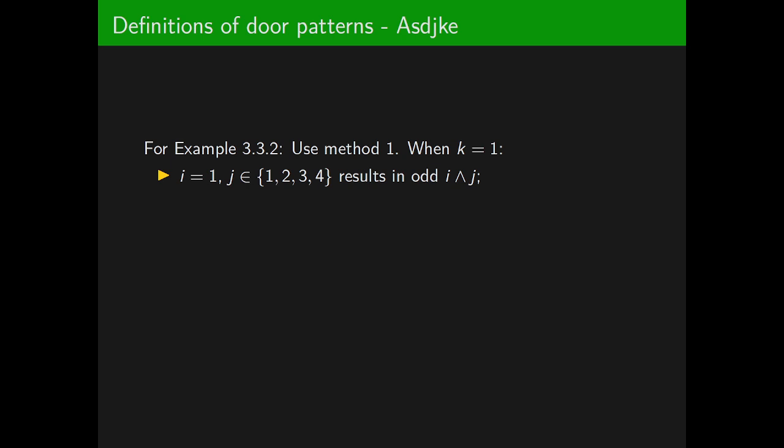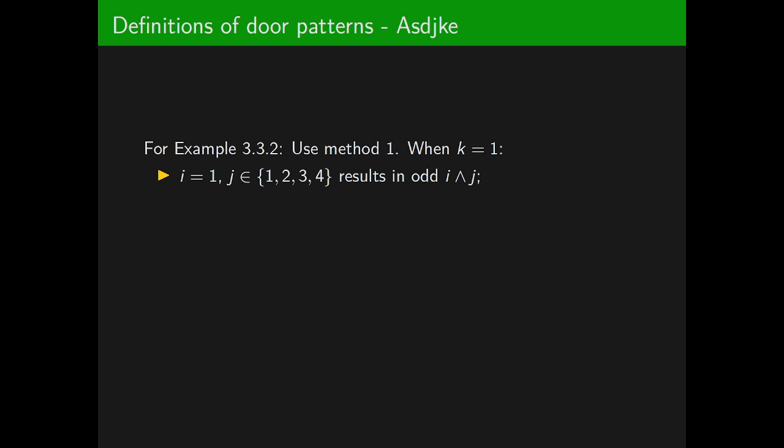So for Asdjke, we use method 1. The reason is we write it as Pij1 and Pij2, so it's really case defined for k. So when k equals 1, and we loop it, i equals 1, j equals 1, 2, 3, and 4 will result in odd i minimum j, because i is at its minimum value.